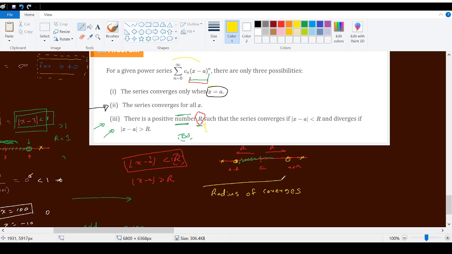So the meaning of radius is very important, and it has a lot of applications in analysis, I mean in mathematics.